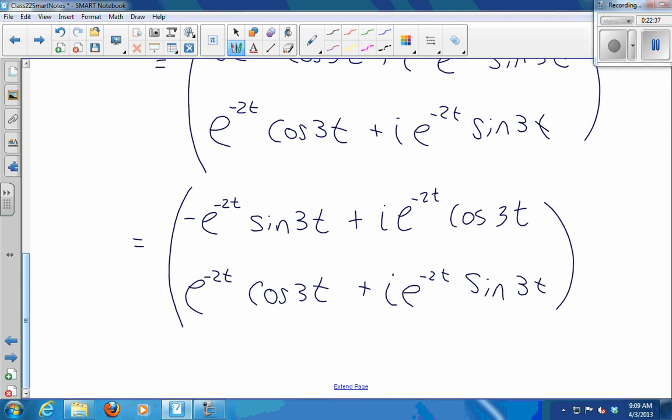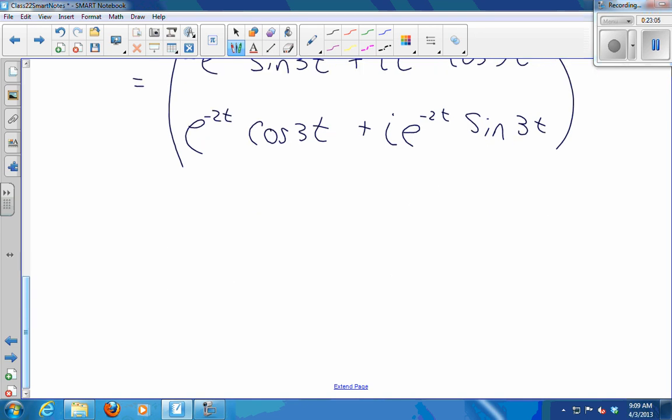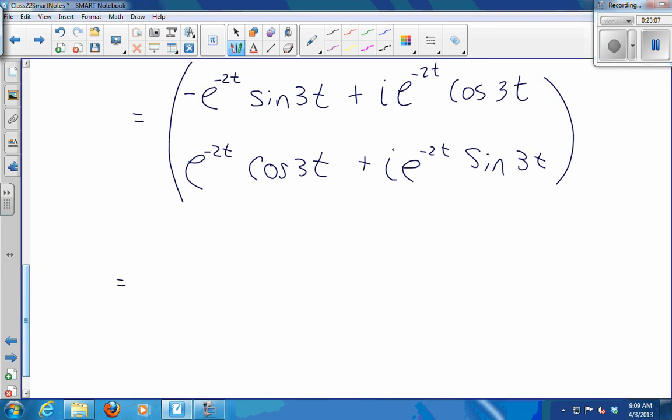Okay, last thing I'm going to do. I am going to break this into two matrices, but just with simple addition. I'm going to break this into the real piece plus the imaginary piece. So this is going to become negative e to the negative 2t sine 3t, e to the negative 2t cosine 3t.